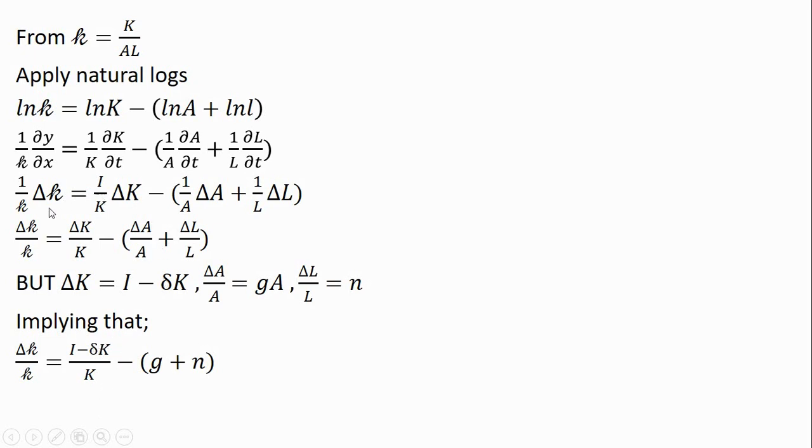Remember, we substituted only with the numerator, not the denominator. The change in k only the numerator, not denominator. Then minus, we represented this with a g. Then we represented the whole of this with an n. So this is our new equation.